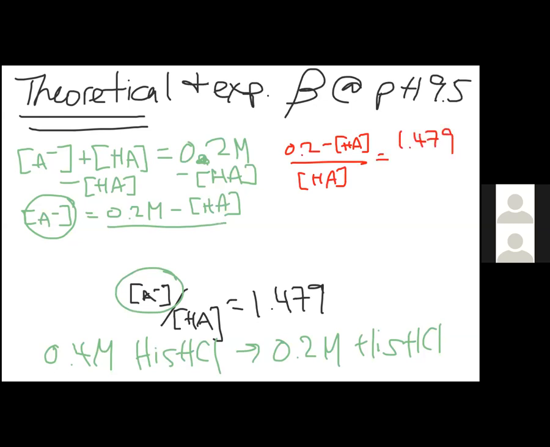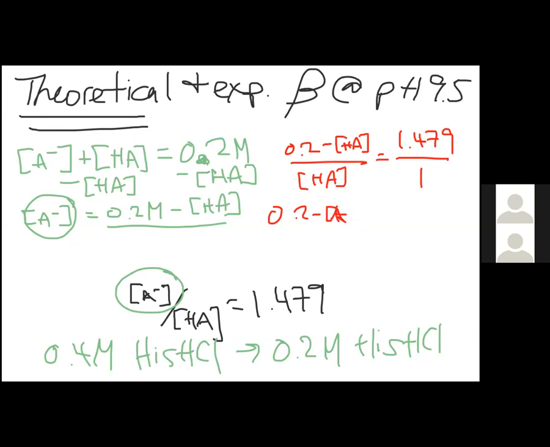Whenever I see these types of equations, I'll just simply divide that ratio by 1, and then I can do a simple cross multiplication to straighten everything out. The equation that I get is 0.2 minus concentration of the acid.